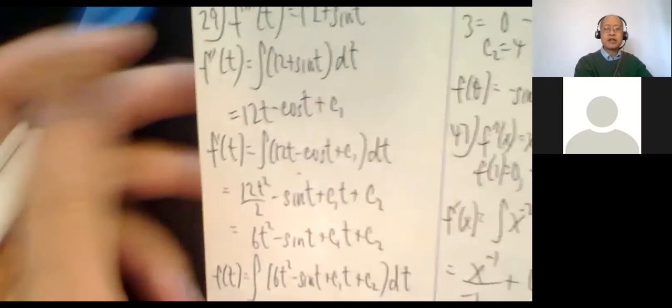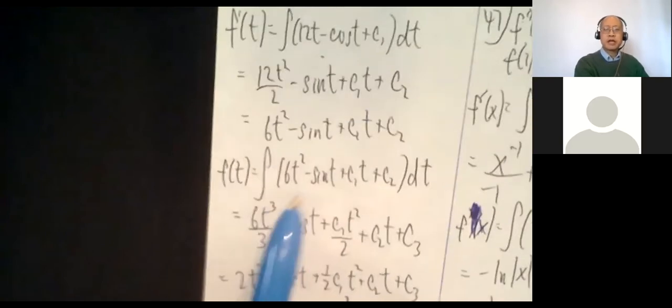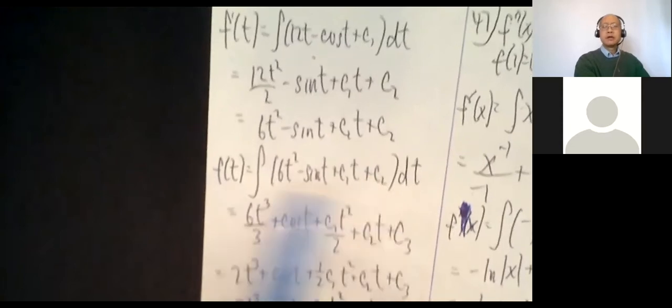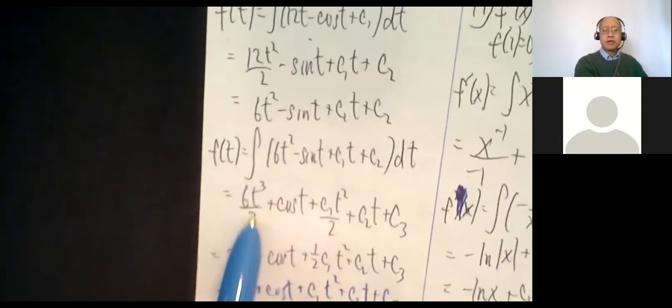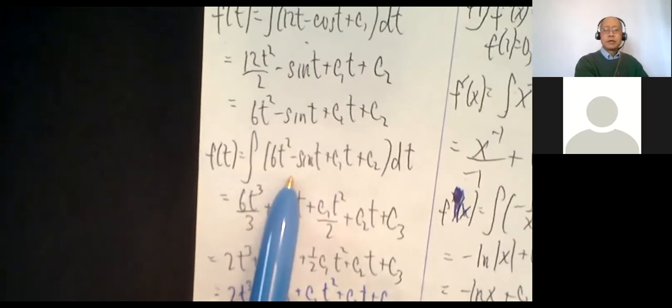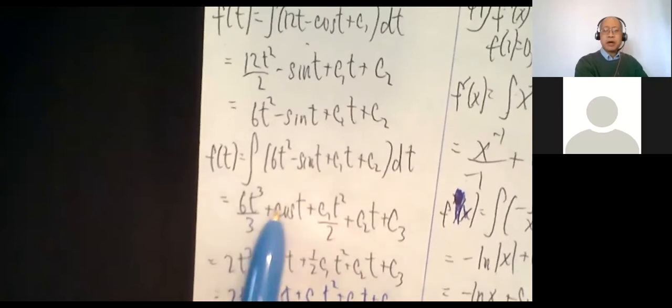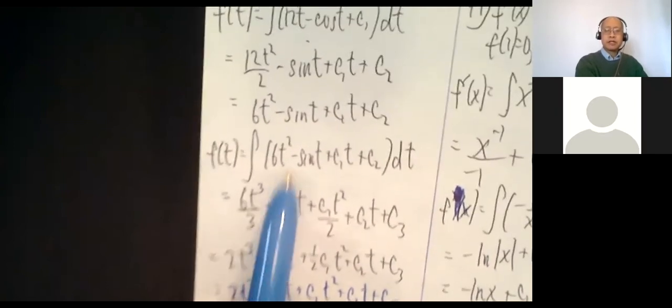And one more time, and I finally get f of t. So the integral of 6t squared minus sine of t plus c1t plus c2. So power rule, 6t cubed over 3. Careful here. The integral of negative sine is positive cosine because the derivative of cosine is negative sine.